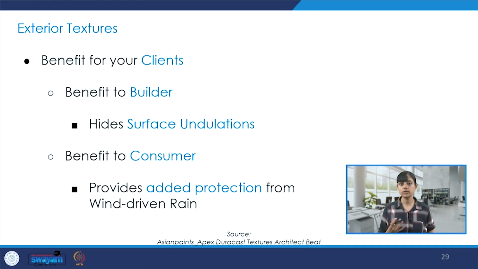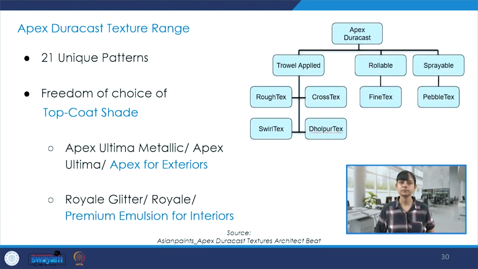All that we tried to understand, and we had an elaborate discussion on that. And how do the clients get benefited from these textures, not just providing a unique appearance or hiding surface undulations, they also provide added protection from weathering, and add life to your finishes.